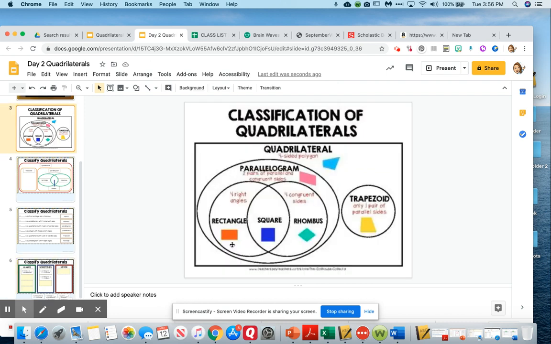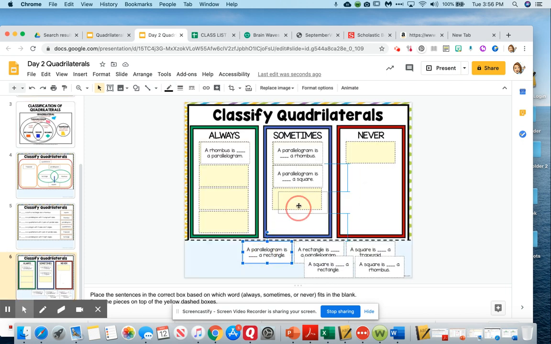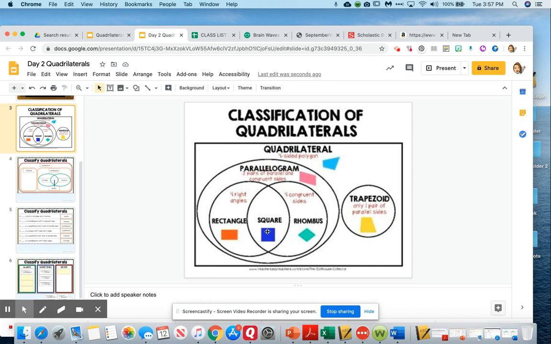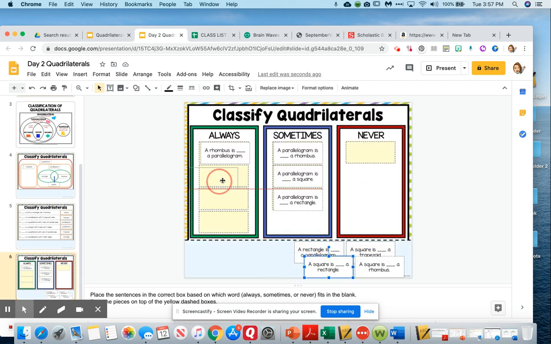Sometimes a parallelogram can be a rectangle. A square is blank a rectangle. Well, if we go back to our chart here, here's our square, and it's always a rectangle and it's always a rhombus. So a square is always a rectangle because the definition of a rectangle is four right angles.